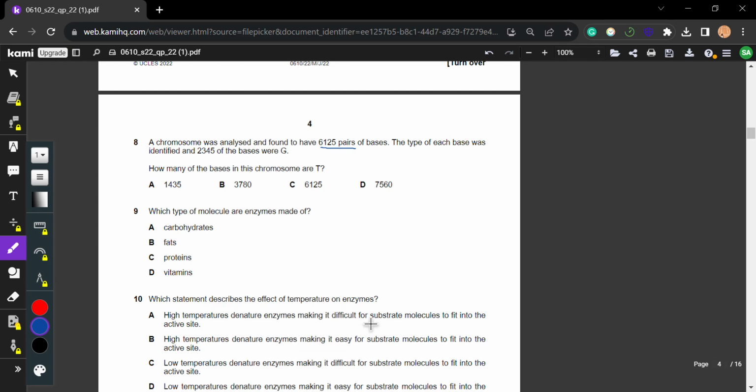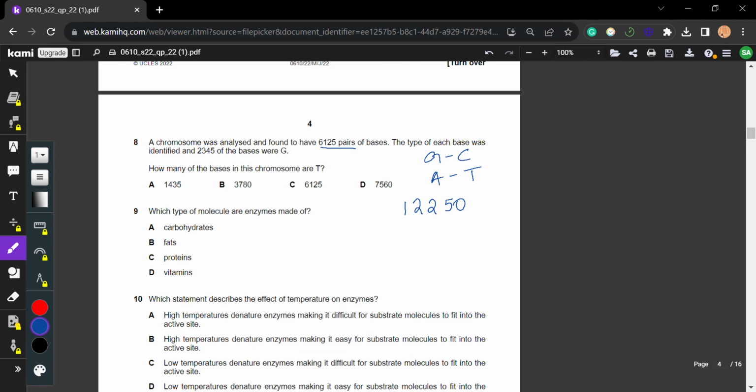Okay, now G always bonds with C and A always bonds with T. This is guanine, cytosine, adenine and thymine. You should remember this. Now let's calculate the number of bases that are there. If there are 6,125 pairs of bases, the number of bases should be 6,125 multiplied by 2, which gives us 12,250.